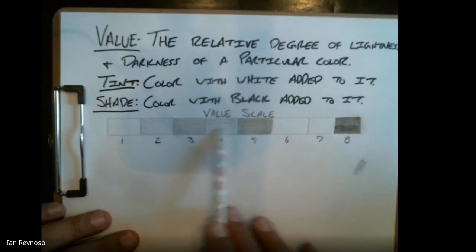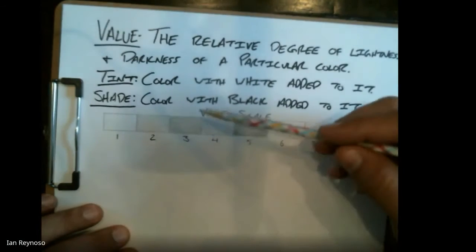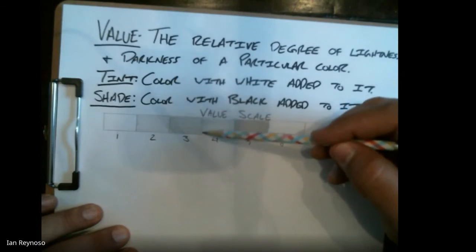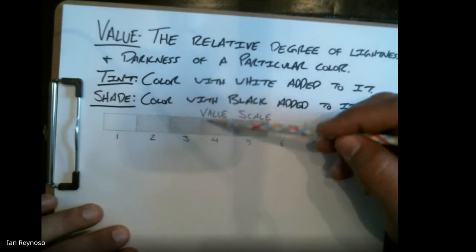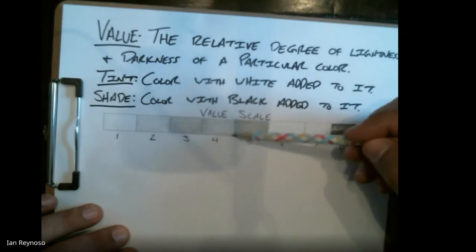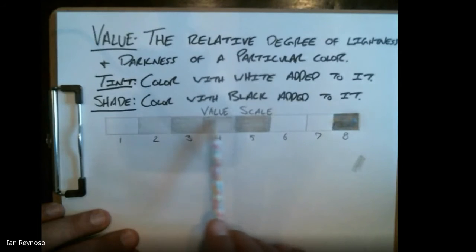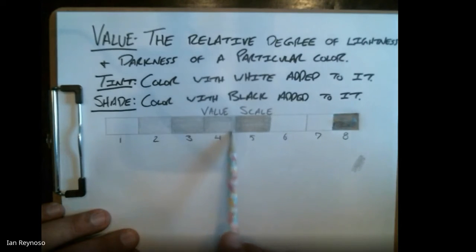This might not be perfect either, so understand that. I'm not expecting you all to just come knock this thing out of the park. This is just a practice. It's a practice so you can train your hand how to adjust the pressure of your pencil to make your value a little bit darker, a little bit lighter.